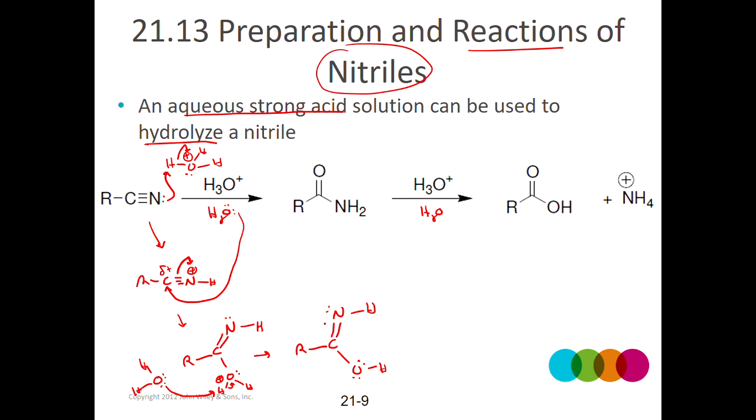So the nitrogen is still a basic site, and we would still have H3O+ since we regenerated H3O+ here. So that nitrogen could pick off a proton from the H3O+. That would give it a positive charge again.